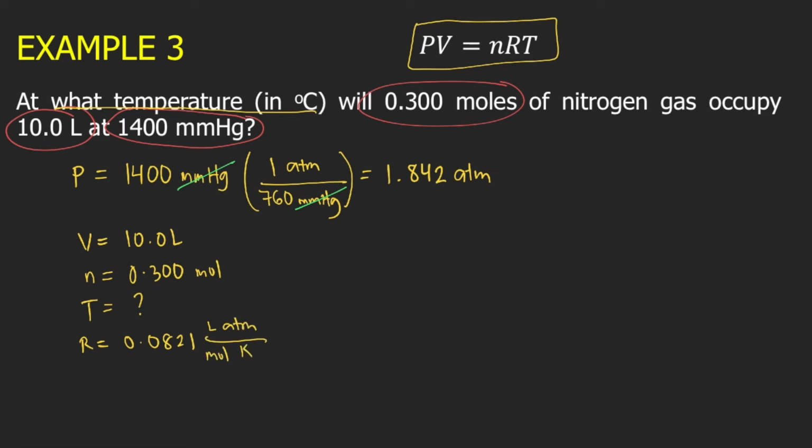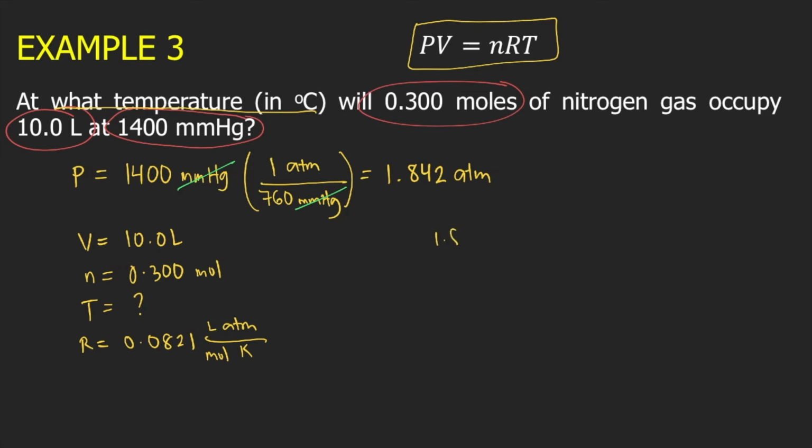Now you might have already noticed that I'm biased in using this R. I prefer to really use the 0.0821 more than the 8.314. But it still depends on what is given in the problem. Okay, so let's substitute the values.